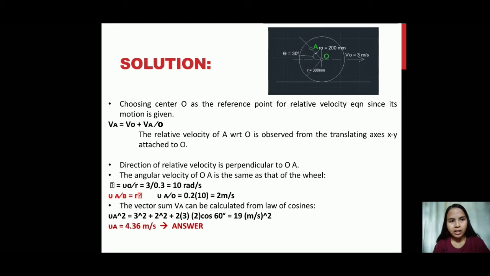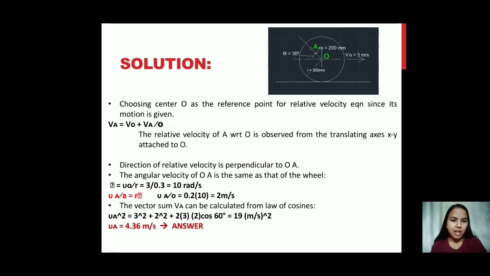So r is the distance between point O and point A, which is 200 millimeters, times omega, which is the angular velocity of 10. So 0.2 times 10, the velocity of A over O is equal to 2 meters per second. So with this, we can now calculate the velocity of A from the law of cosines.